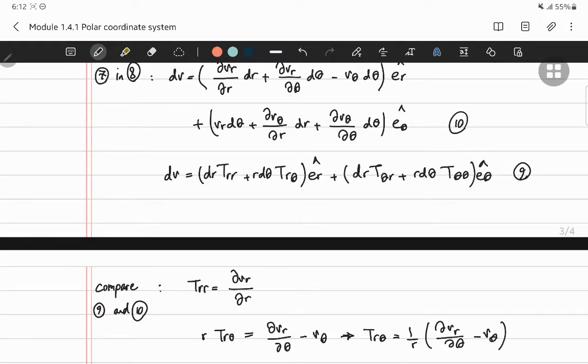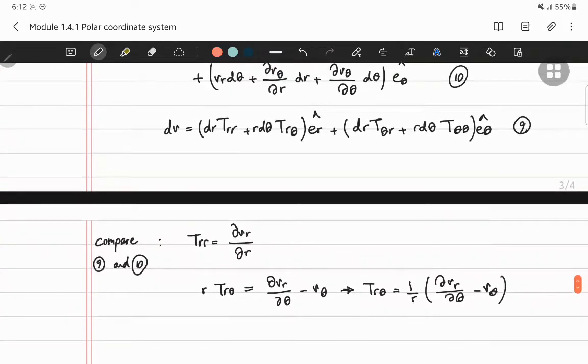Then I have T_θr. This is dr, so I only have the partial derivative of v_θ with respect to r.